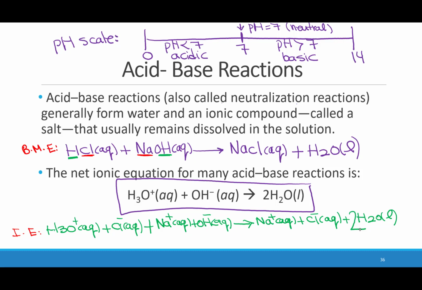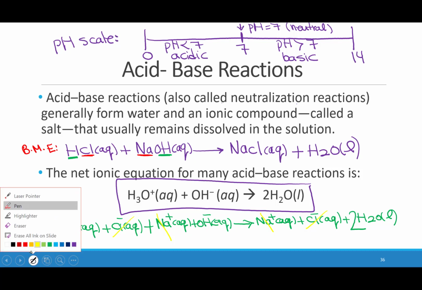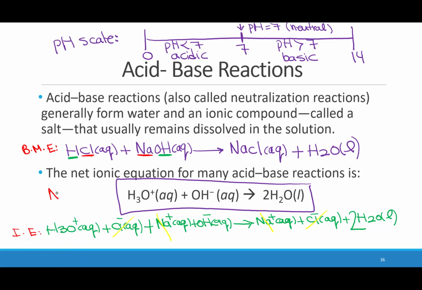Okay, and then for the spectator ions, chloride ions are repeating themselves, sodium ions are repeating themselves. Then what is the leftover? This is what's left over: your net ionic equation.